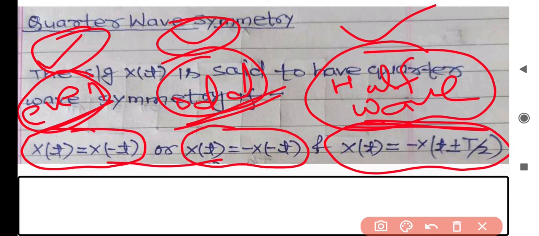If the signal follows all these conditions, then it will be called that the signal has quarter wave symmetry. And if the signal has quarter wave symmetry, then how will it reduce our effort in the calculation of the Fourier coefficients?